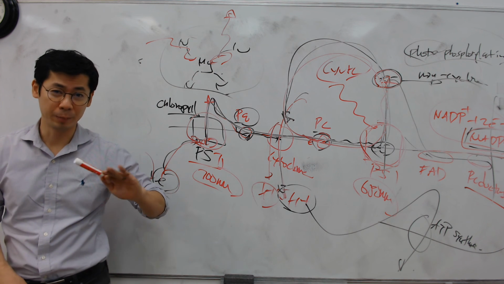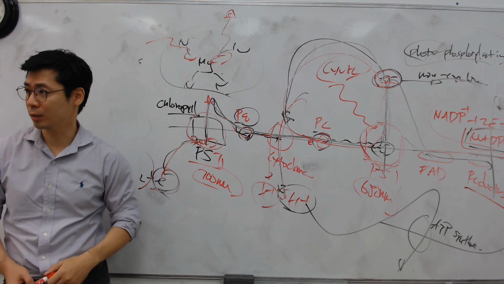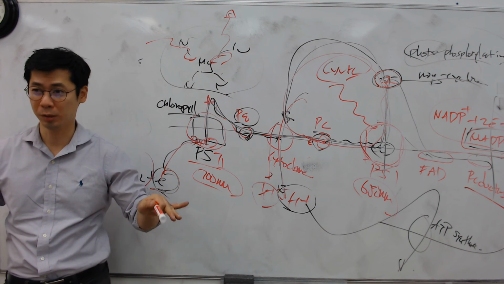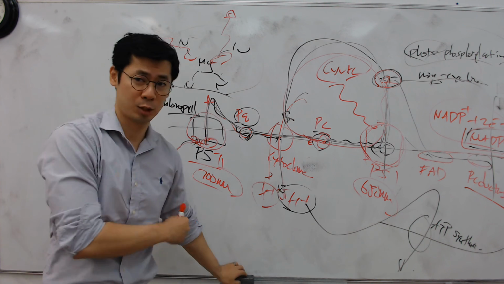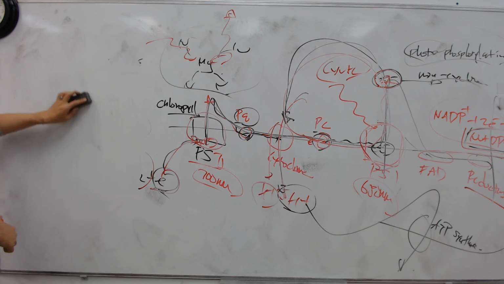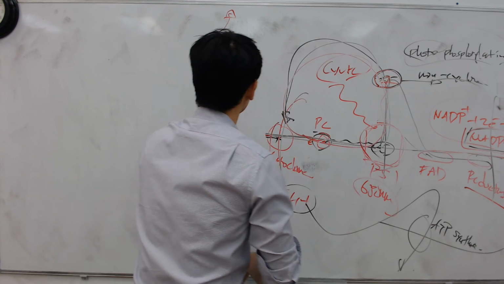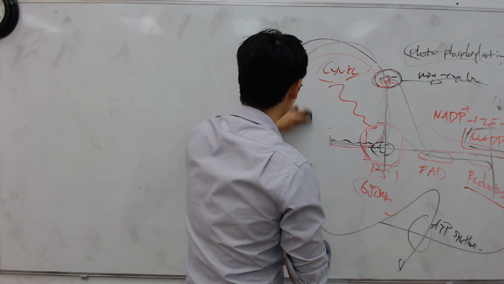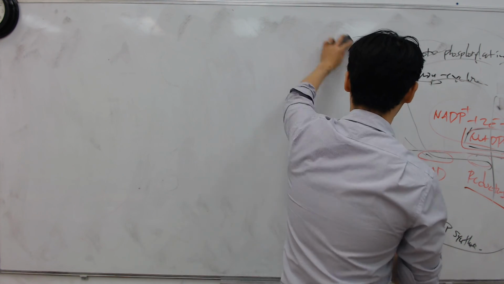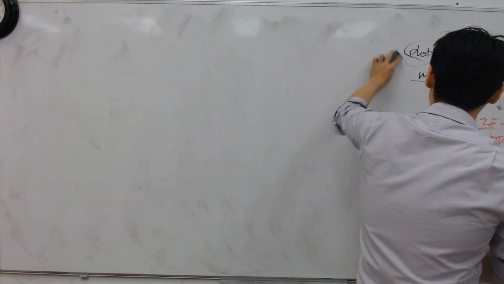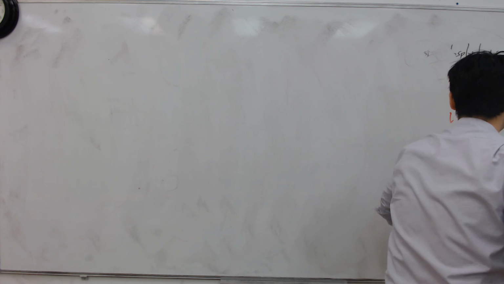I'm going to talk about it in about 5 minutes. And the second one is C4 plants and CAM plants. That's it. And next week, we'll talk about the cell cycle and cell communication. All right, and one thing you have to ask yourself, right?